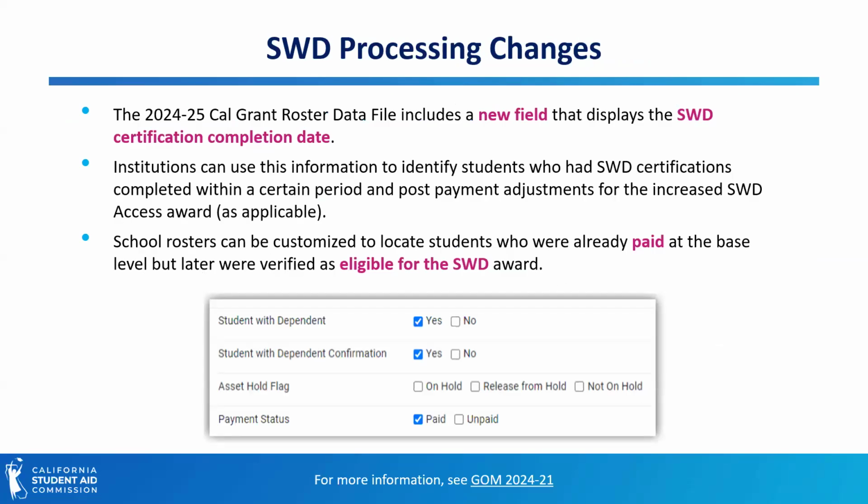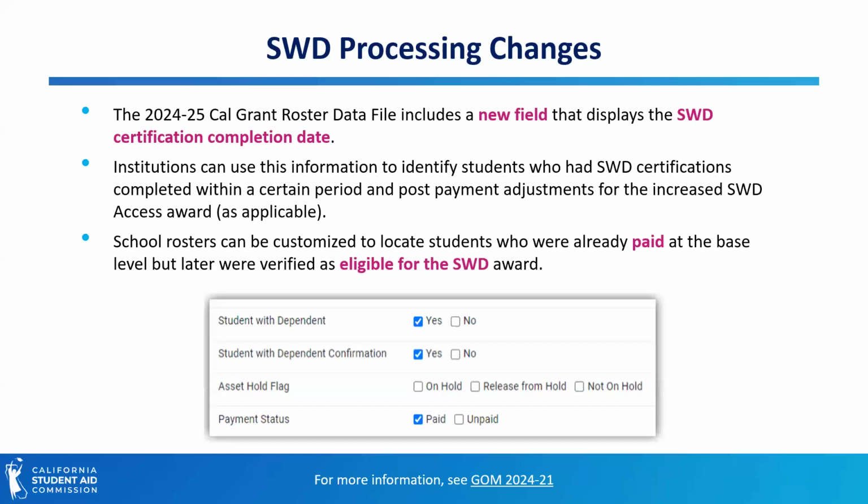On the Cal Grant roster data file, we also now have a new field that displays the SWD certification completion date. And so this allows institutions to identify students who have completed their certification within a certain period.